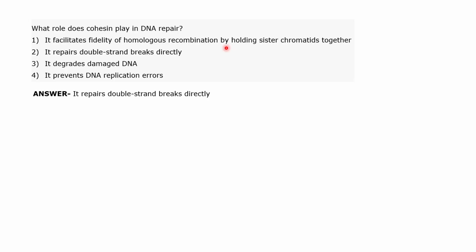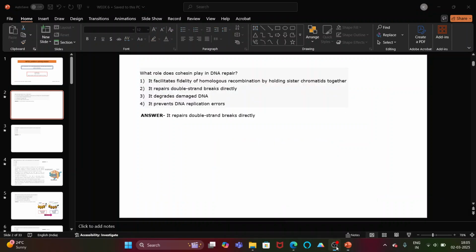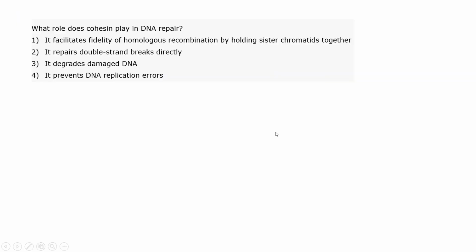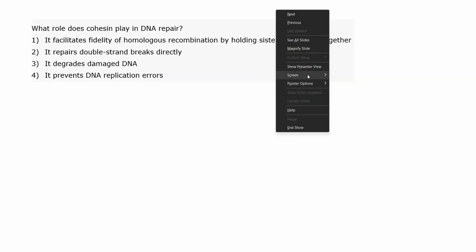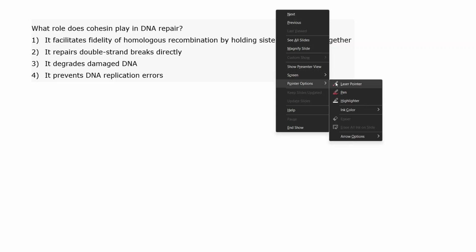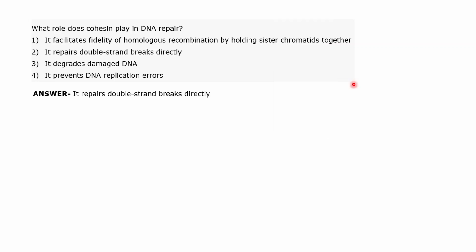I hope it is understood. Does anyone have any doubt? If you have any doubt, you can type it out, or you can unmute yourself and ask. No issue.